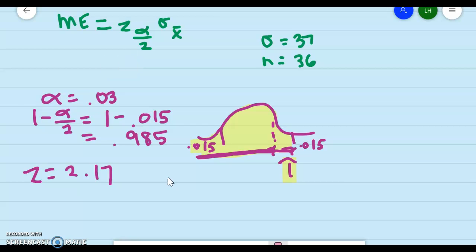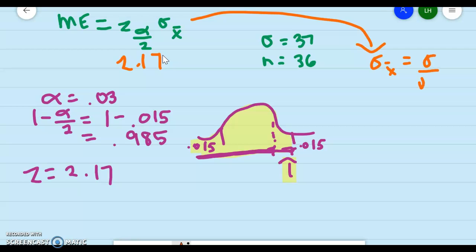So I'm just going to put that right up under here. Now I've got to do the second part. The way that you find the standard error of the mean is just the population standard deviation divided by the square root of n.